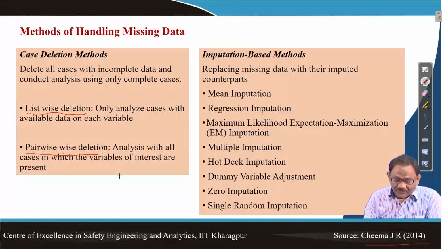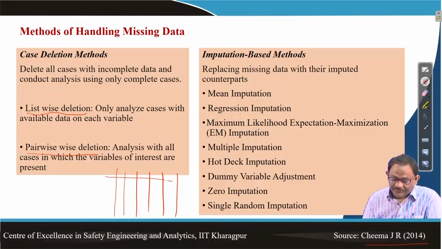If you consider the data set, these columns are basically attributes. Suppose this is my missing data. In the first case, suppose you are interested only in this variable, so it is better you delete this one only and do the analysis. Suppose you have another attribute you want to consider, and here also one data is missing.